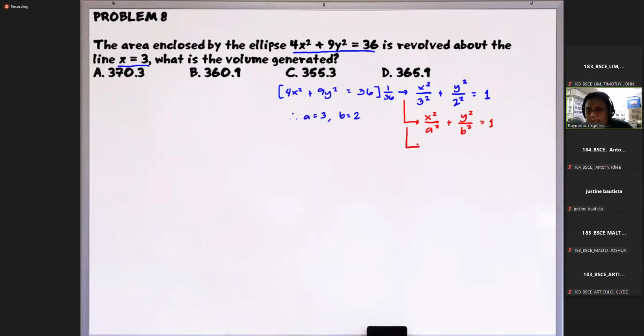So again, this is a horizontal ellipse. Okay, so again, pag walang minus h saka minus k, kasi x squared saka y squared lang yan, diba? So then, this is centered at the origin. So the center is at 0, 0. Okay? So therefore, kung i-graph natin siya, okay, so we will find something like this.